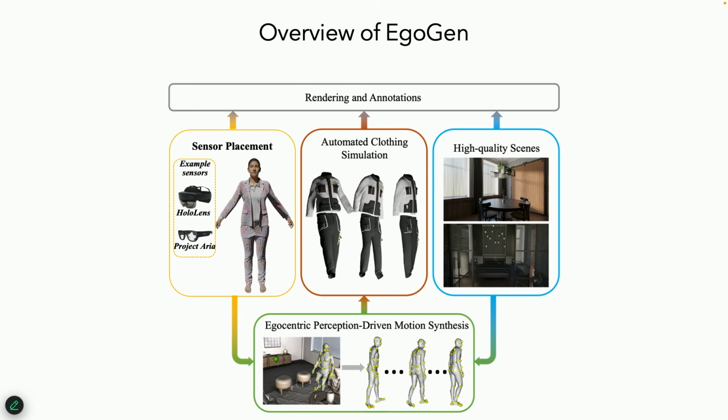So in order to do that, the student worked on this whole pipeline, which is called EgoGen. So first of all, we use SMPL body models, right? It's widely used. And based on this body model, we can synthesize or generate data for different types of sensors, right? For example, for RGB cameras, depth cameras, or other types of sensors.